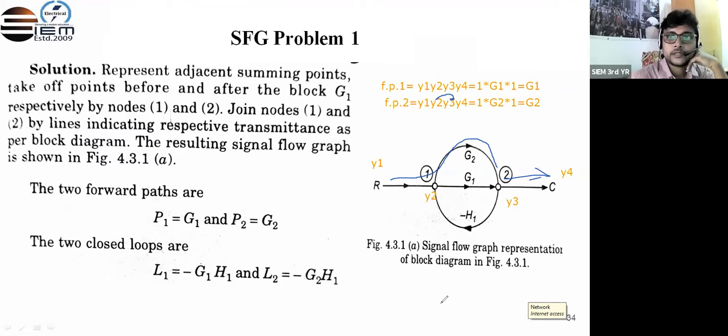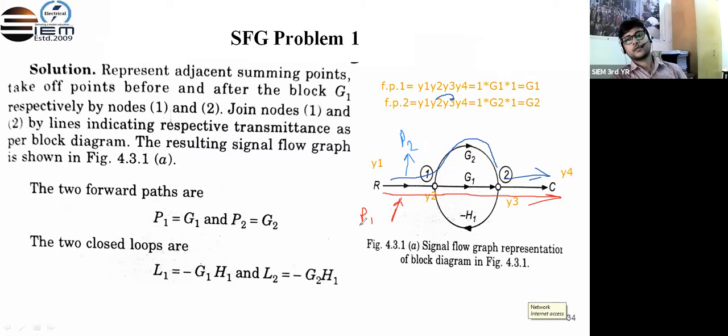Okay, y1, y2, y3, y4, and another forward path we have, this direction. Clear? So here, this line belongs to p1, this line belongs to p1, and this line belongs to p2.